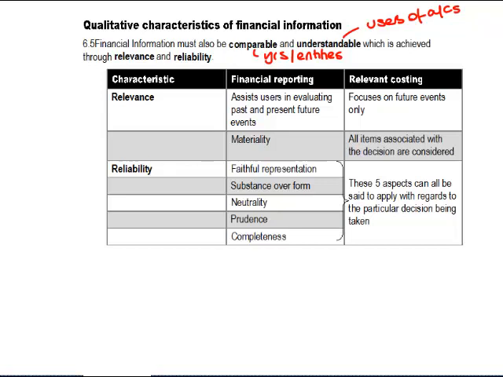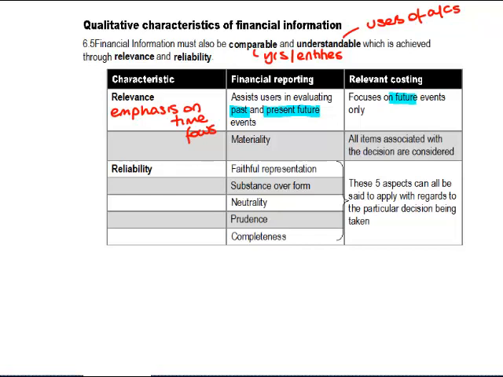Now, if we look at the two characteristics, the relevance here is very much on time focus. So if we look at financial reporting, then users are using financial reports very much to look at past and present events. Relevant costing, however, focuses purely on future events.